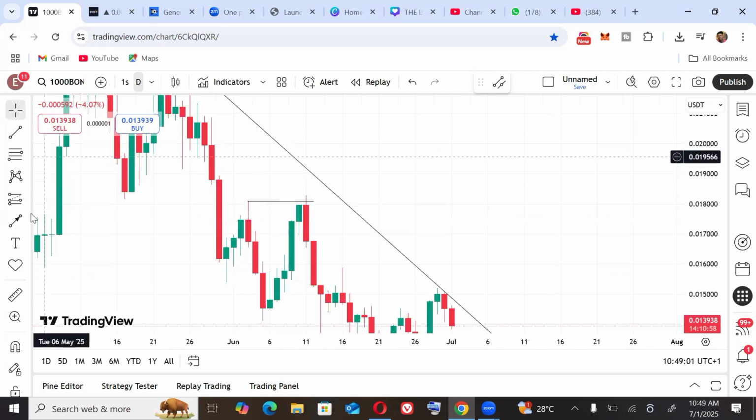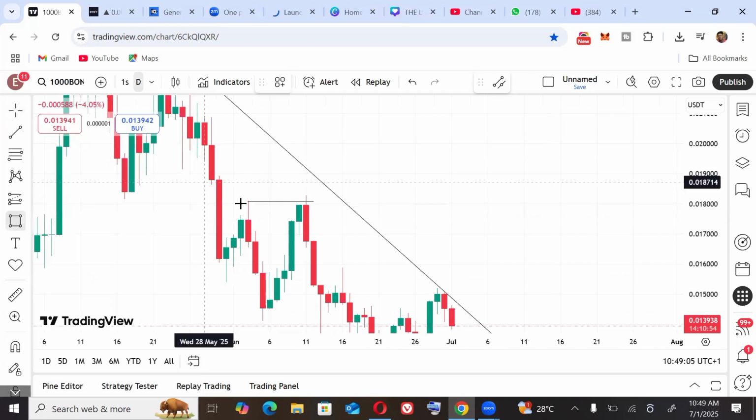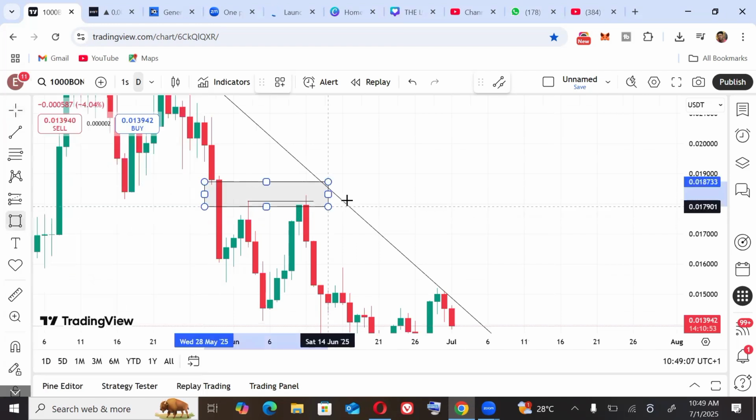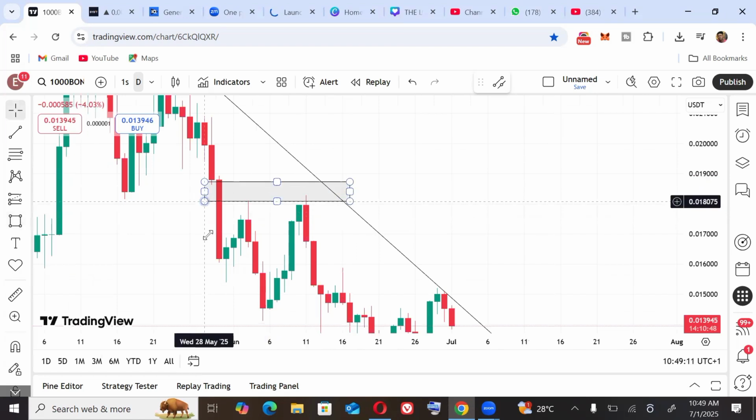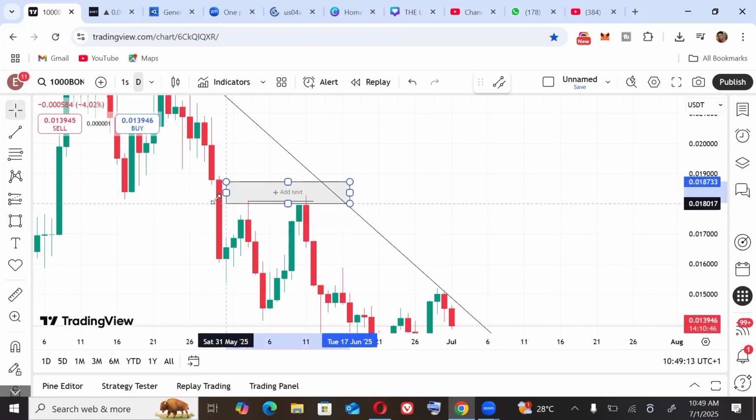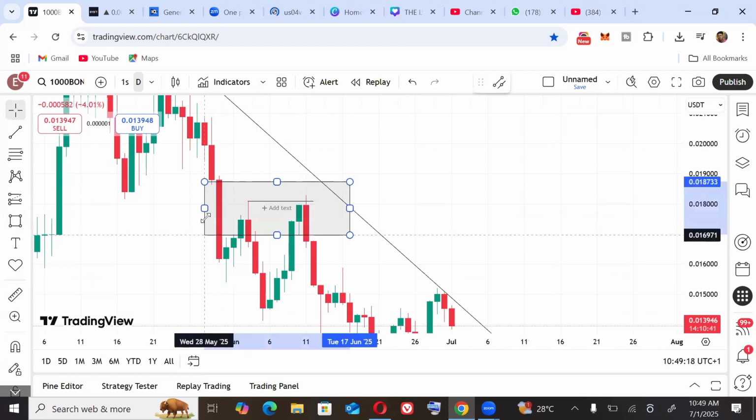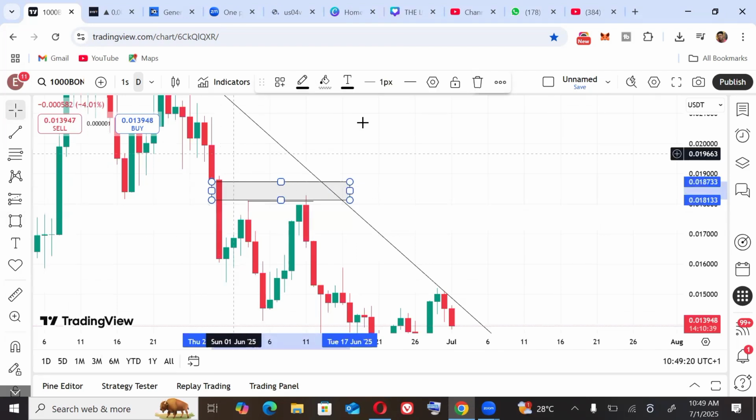You can see price reacting from this fair value gap. You can see price reacting from that fair value gap. The fair value gap was this long, but I'm going to refine it here.